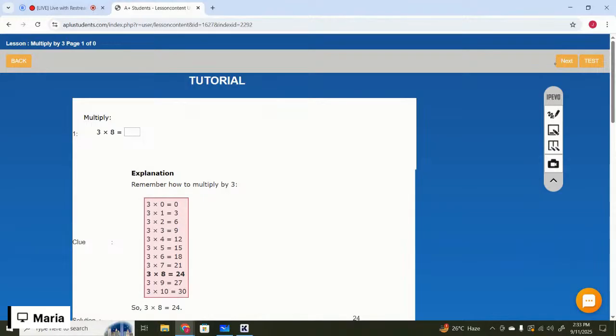So 3 times 0. Any number multiplied by 0 means 0.